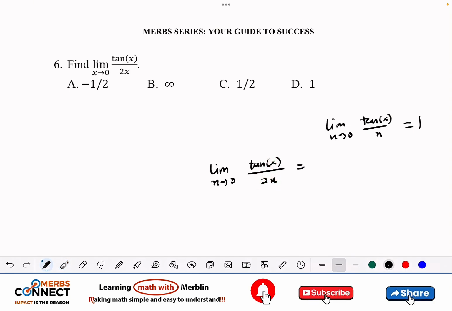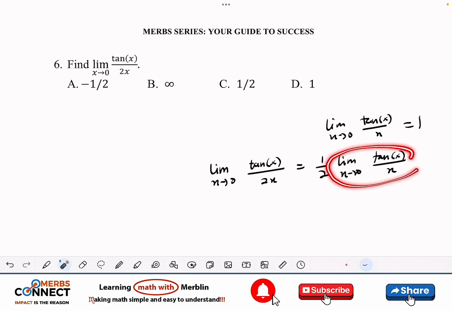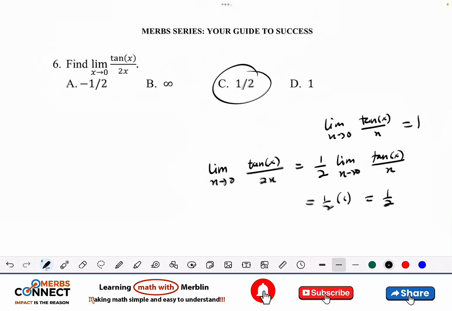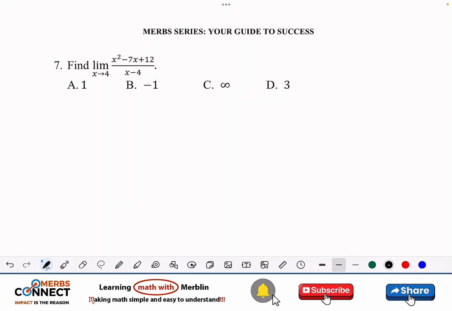So this is the same as 1 over 2. Remember, this one is at the denominator, right? So it means that 1 divided by 2 comes out, and it will be left with the limit as x approaching 0 of tan x divided by x, and this is going to give us 1. So I'm going to have 1 over 2 times 1, which is 1 over 2. So we are playing around with how to do this kind of limit function.